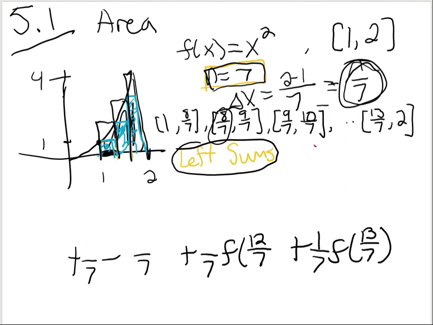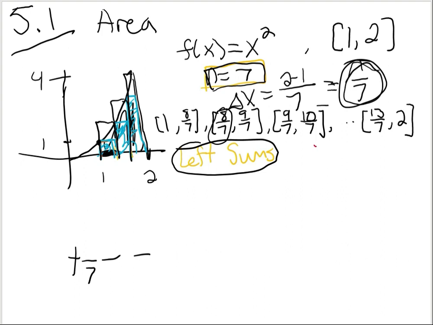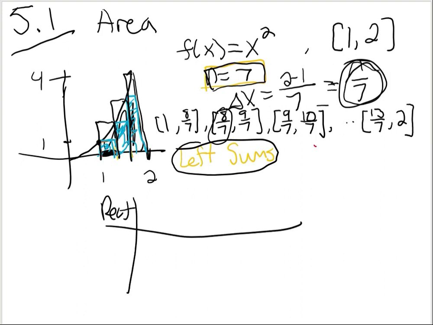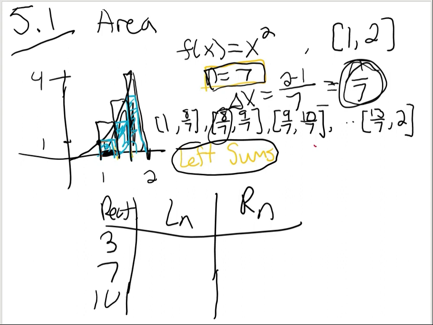And using this information, you could do something like making a table. Here's my number of rectangles, here's my Ln, and here's my Rn. So you could do 3, you could do 7, you could do higher numbers.